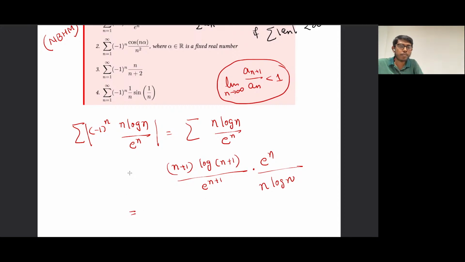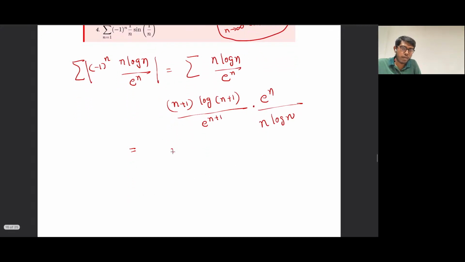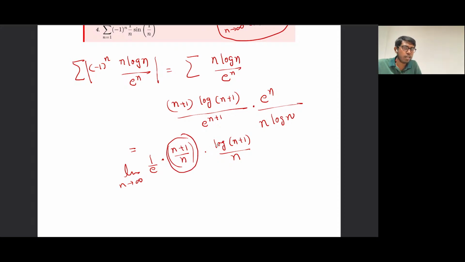This is (n+1) by n, and log(n+1) by log n, times 1 by e, with the limit as n tends to infinity. What is this limit? This is 1. And this limit is also 1. So this limit is 1 by e, which is less than 1, and hence this series is convergent.